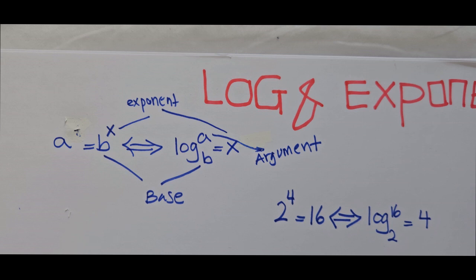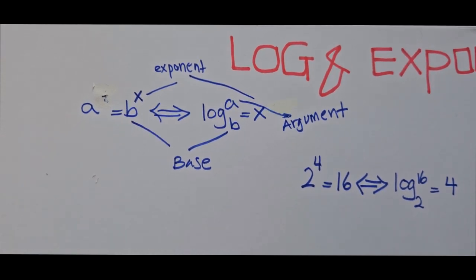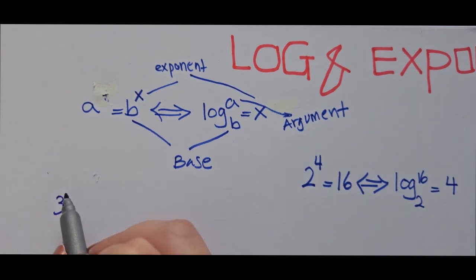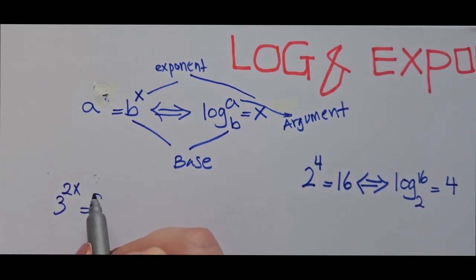But let's explore more advanced questions, including equations and graphing. Let's start with a very basic one. Let's say 3 to the power 2x is equal to 9. On one side we have an exponent, on the other side we have a number, but there is a relationship between these two.